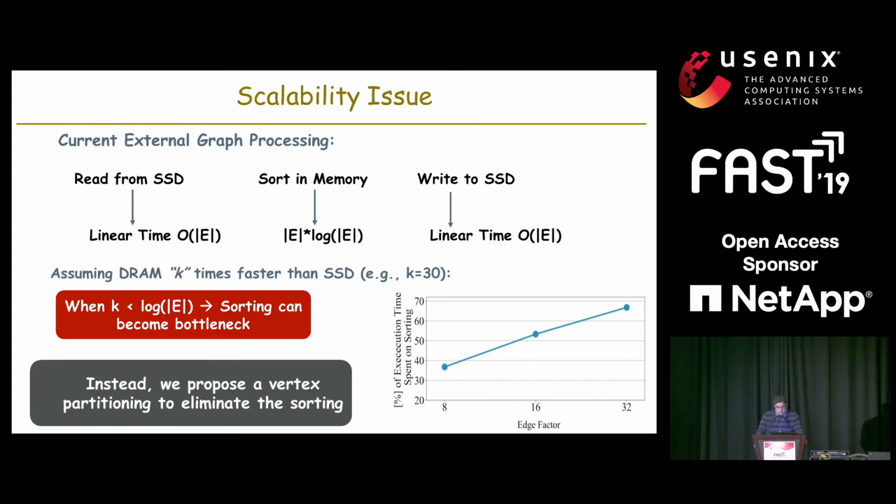So instead of coming up with completely sequential accesses for a very large amount of data, we propose a partitioning mechanism for vertices in the graph to eliminate the need for such perfect sequentiality and also the sorting of updates.